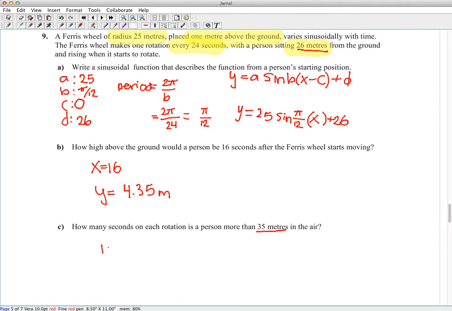So in this situation, it would be 10.59 minus 1.406 approximately, which gives the answer of 9.18 seconds.